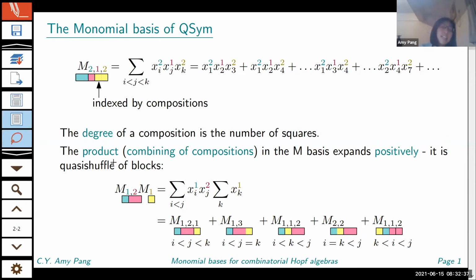That means that I can visualize this product as a rule for combining these composition diagrams. So I have this diagram, and then the rule here is that I can put the yellow block anywhere in between the blocks of this green and red thing.